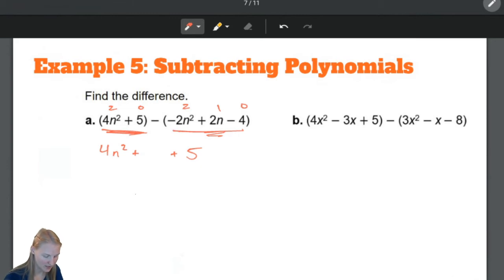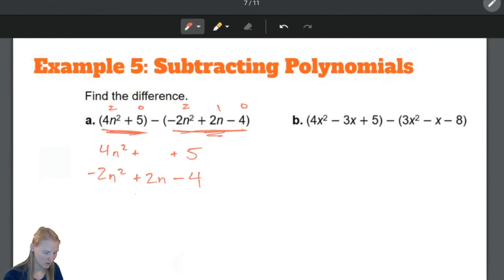Because I'm going to take my second polynomial, negative 2n squared plus 2n minus 4. So see, if we hadn't left space for this, now we would have had like the 5 with the 2n. Well, it would just be gross. So make sure that you leave space for every term in your polynomial.